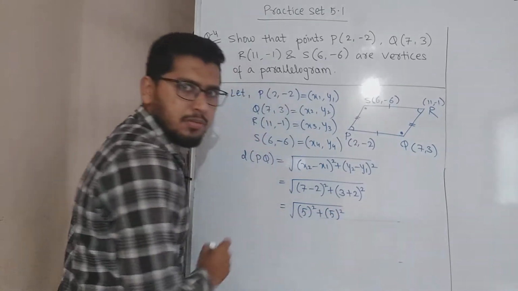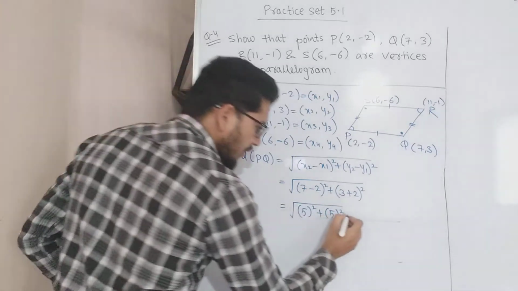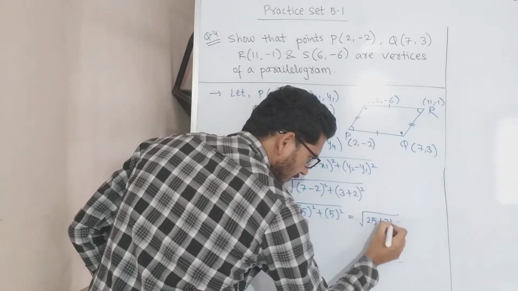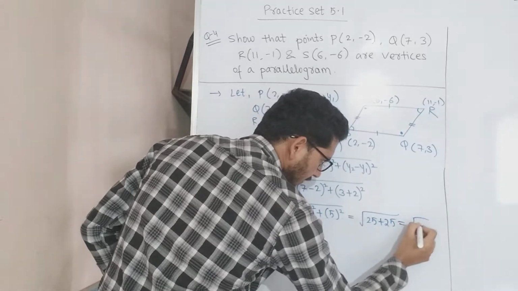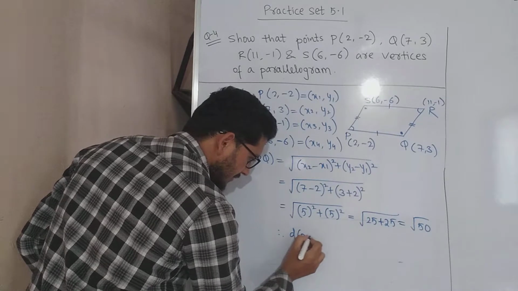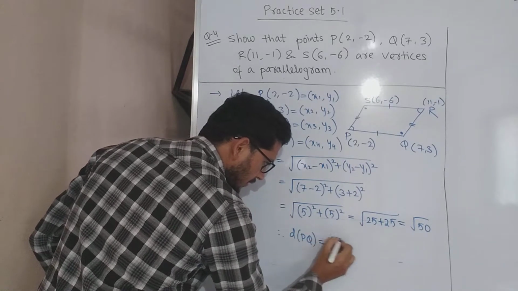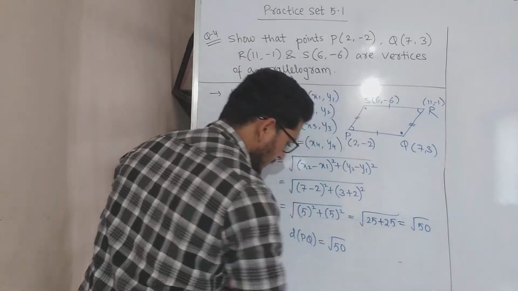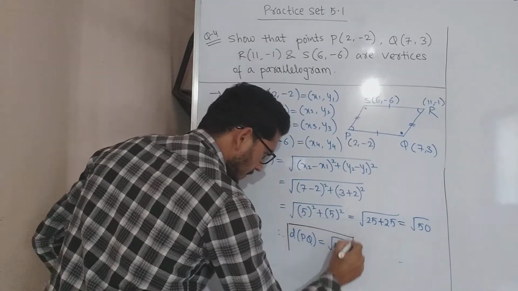What is the value of 5 square? 25. 25 plus 25 कितना आता है? √50. So therefore distance of PQ is √50 units.